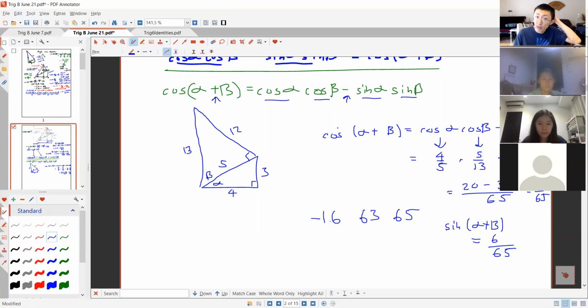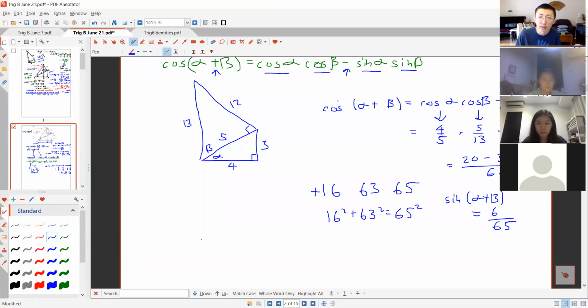Maybe the easiest, you can change this to a plus sign because we'll square it anyways. So let's see if 16 squared plus 63 squared satisfies the Pythagorean identity. Or in other words, if the cosine squared plus the sine squared equals 1. So if I move this to the other side, I can use difference of squares.